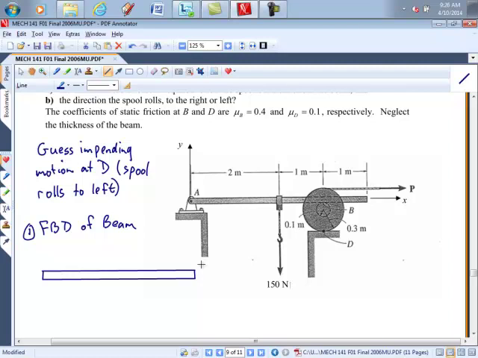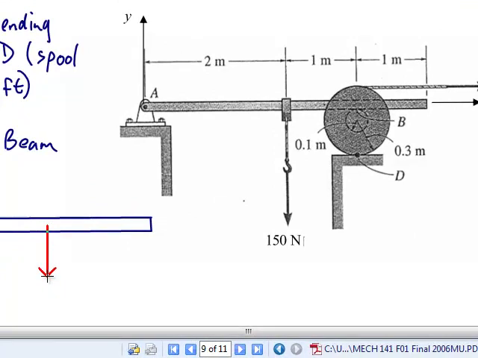So if this is the free body diagram of the beam, and this is A, and this is the 150 Newton force, and then this is B.